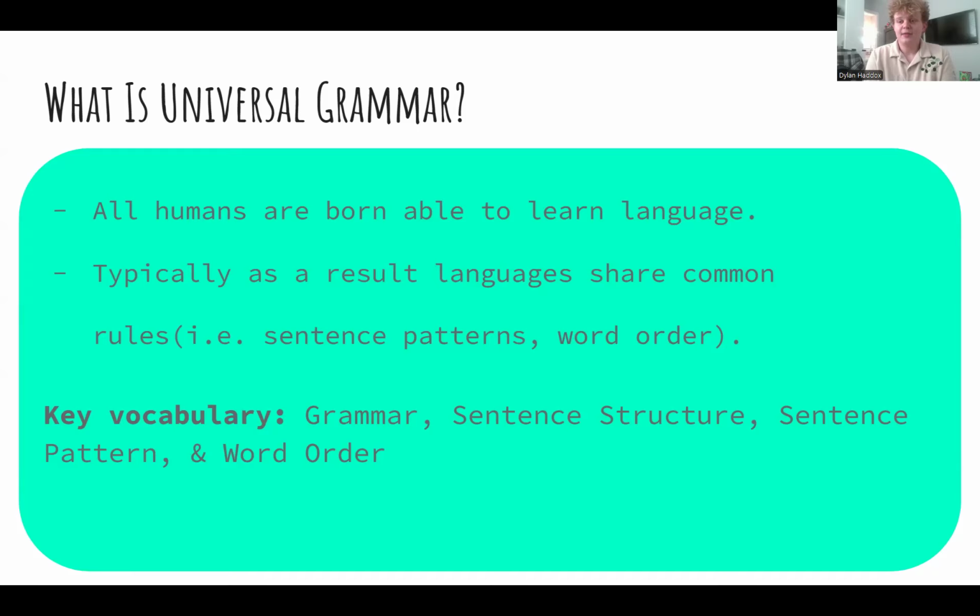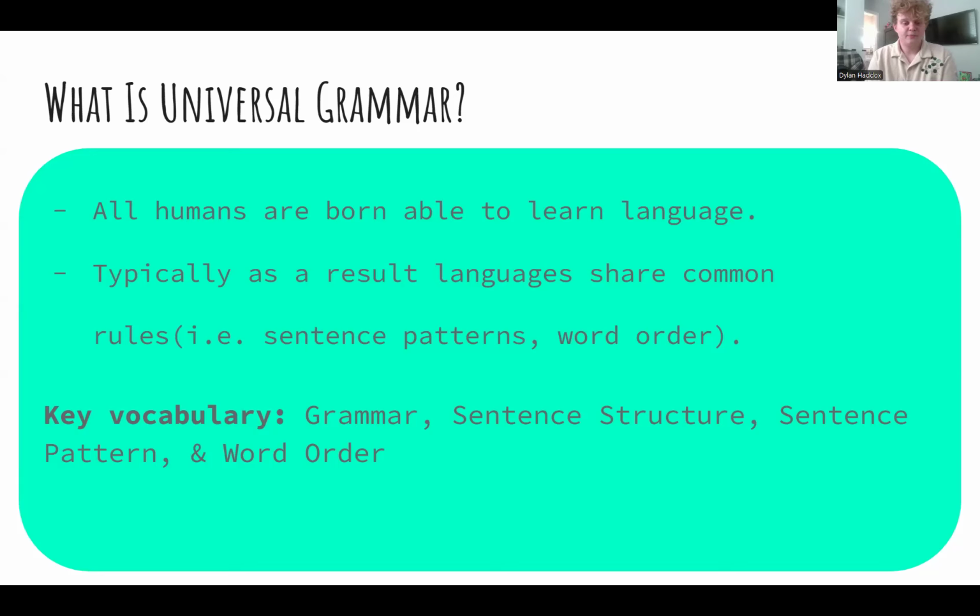Not all of the time, but sentence structure, sentence patterns, word order, all of those things are shared more or less, but the concepts are shared, not the exact rules per language. Some words can be really long, some words can be phonetically based. There are molds to be broken, especially with languages that are not in the same letter system, like Japanese. I have a couple of Japanese examples coming up.